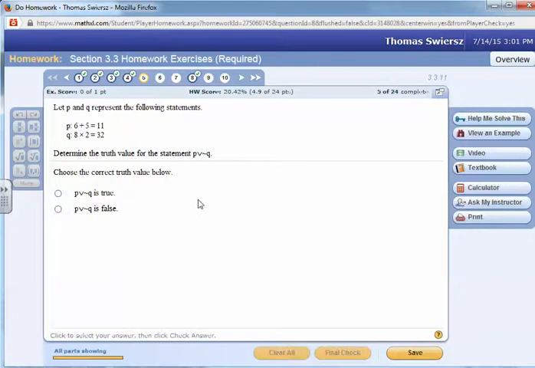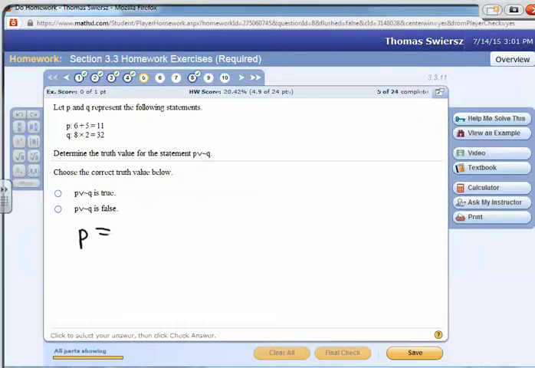All right, question number 5. 6 plus 5 is equal to 11, so P is definitely true. 6 plus 5 is 11. Q, 8 times 2 is 16, not equal to 32, so Q is definitely false.